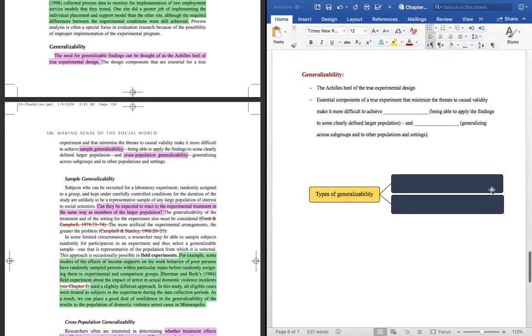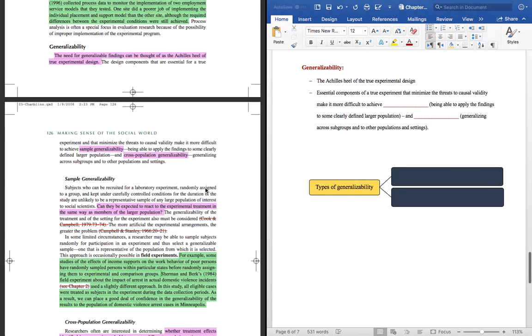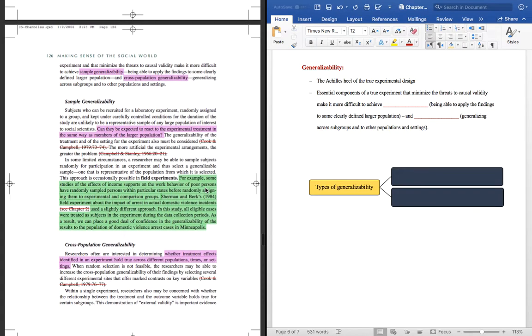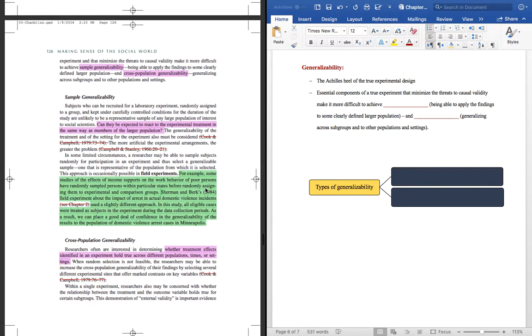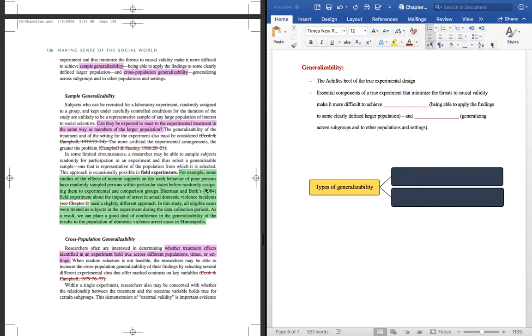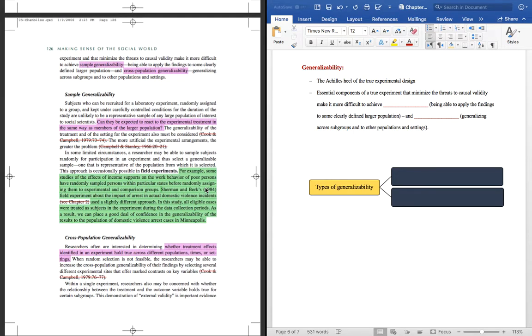And then the next section is talking about generalizability. In the generalizability section, we have two concepts or two different aspects of generalizability.